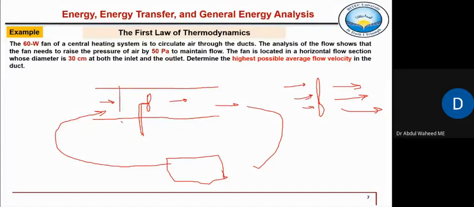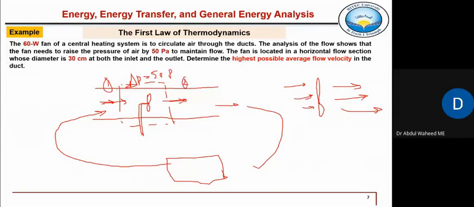So let me define a system, for example, because the fan is located in a horizontal flow section, that is given. This is a horizontal flow section where the fan is located, mass is entering, mass is leaving, and from inlet to outlet, this change in pressure, delta P, is 50 pascals. This is inlet, this is outlet.